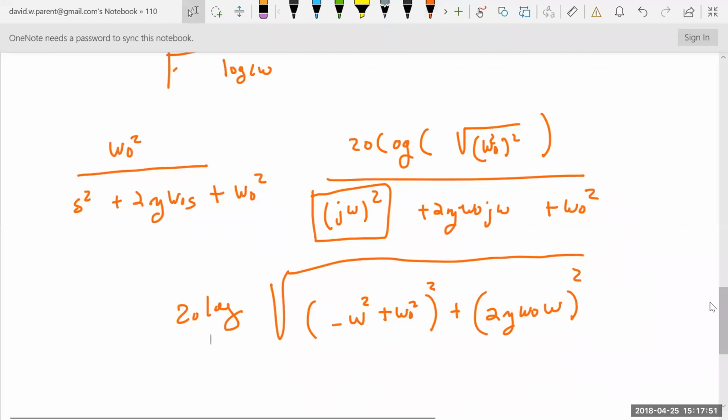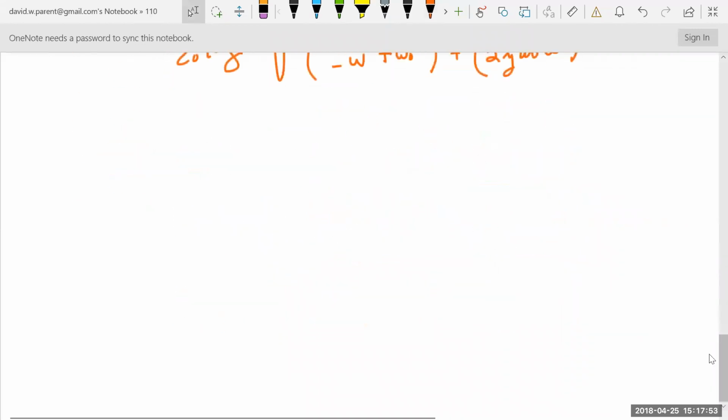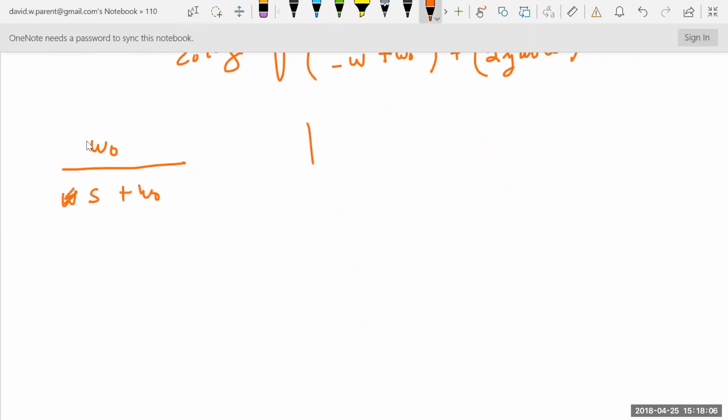And that's why we try to do it more intuitively with the asymptotic plots, where I have S plus omega naught. At j omega equals 0, this is going to be omega naught over omega naught.